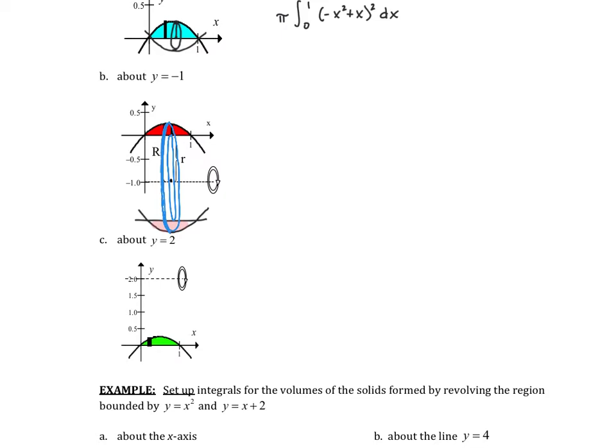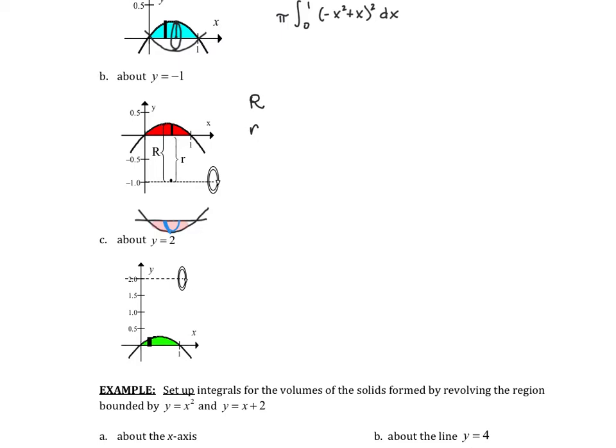Now what I'm concerned with, and I'm going to erase the washer for just a second, is the radius. So my first step is always to consider what my radii are going to be. So in this particular problem, I need to consider both my outside radius and my inside radius.